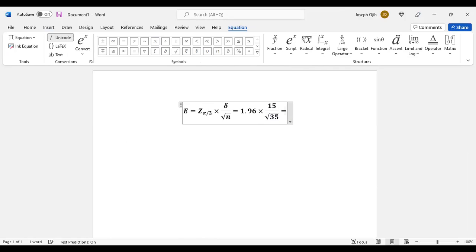Which means that you can get it from this. I'll write it down: 1.96 times 15 over square root of 35. So getting it from the calculator, at this point you now go to your calculator and get the answer from that.